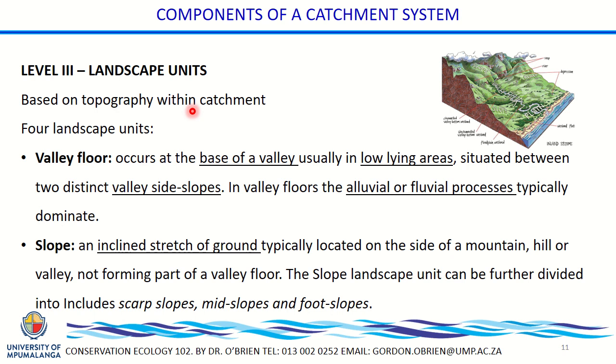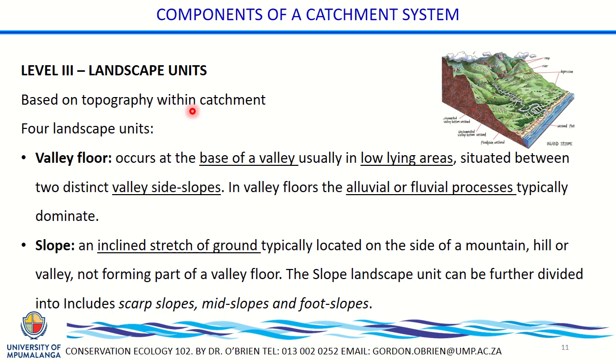Okay, if you consider these landscape units, all of them have got definitions. So what is a valley floor? A valley floor occurs at the base of a valley, usually in low-lying areas that are situated between 2 distinct valley side slopes. So you have to have 2 slopes that actually create the valley. Without the slopes, you cannot have a valley. If there were no slopes, it would be a flat plain. You with me? In the valley floors, the alluvial or fluvial processes typically dominate.